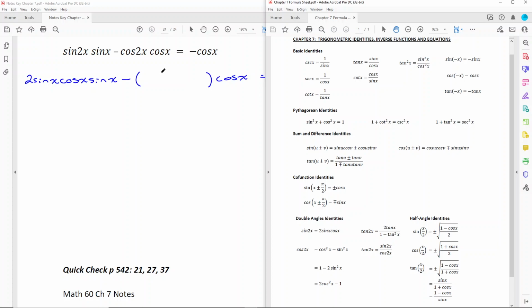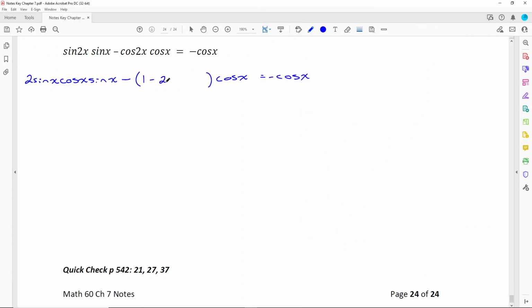No way. So then I'm going to look about, well, what about 1 minus 2 sine squared x? Okay, well, maybe that'll work, because if I look here, I've got 2 sine squared x cos x. So if I could get a sine squared x in there, and then I distributed my cos x through, it might work. So let's put in 1 minus 2 sine squared x and see if it works.